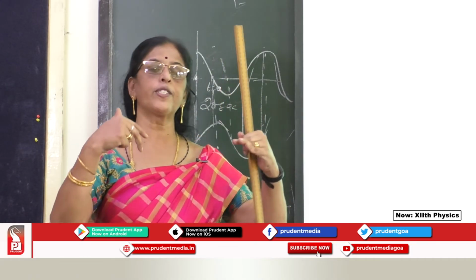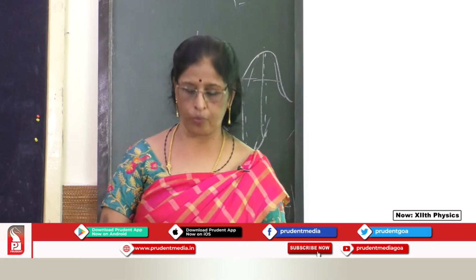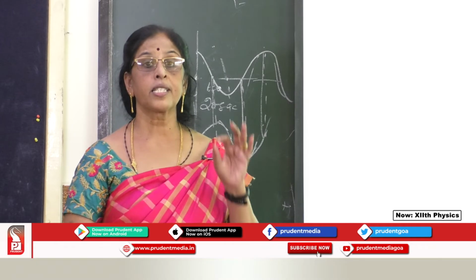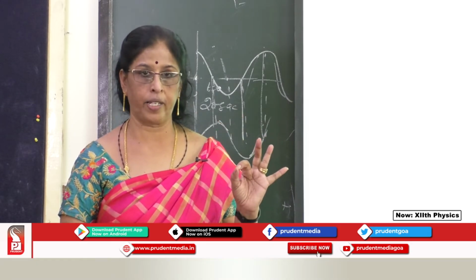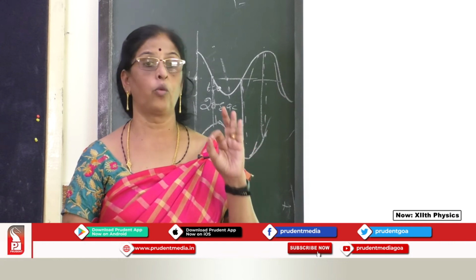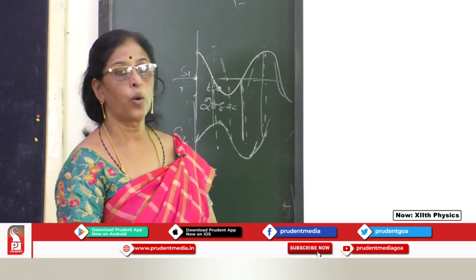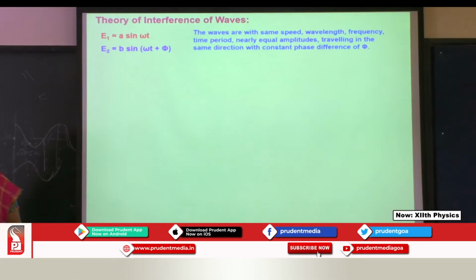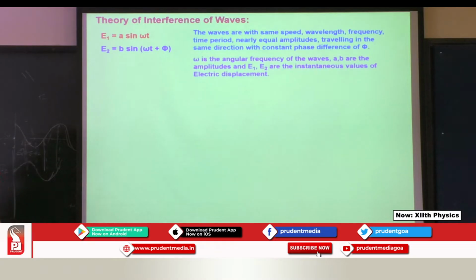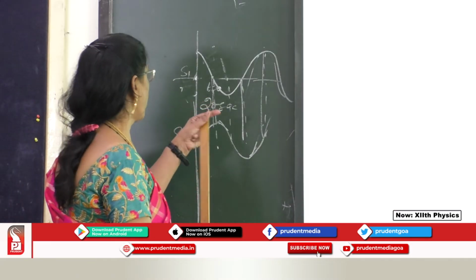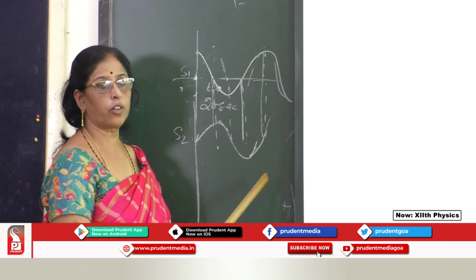When two or more waves are traveling in a medium, the resultant wave is the sum of the individual displacements, the algebraic or vector sum, given as y = y1 + y2. Consider waves of the same speed, wavelength, frequency and time period, nearly equal amplitudes, traveling in the same direction with a constant phase difference φ. As I said, as they progress there is a difference of π/2 at every point.